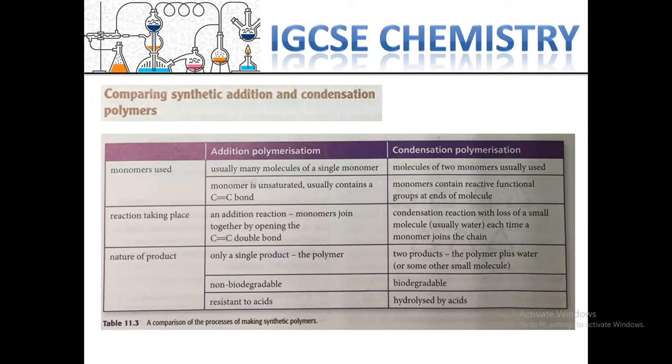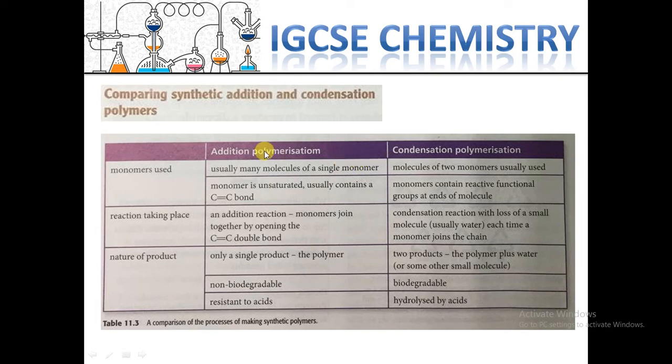All right. You learned addition polymerization in the previous part. Now you have learned condensation polymerization. There are some similarities and some differences. This table is very important for comparing addition polymerization and condensation polymerization.